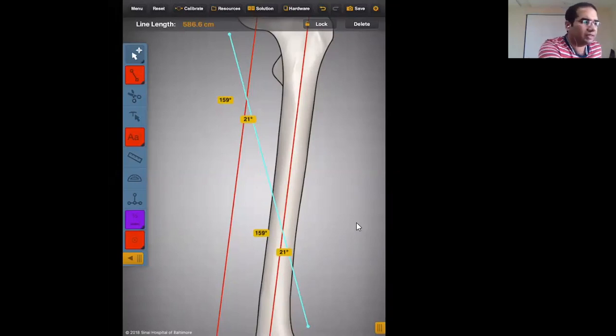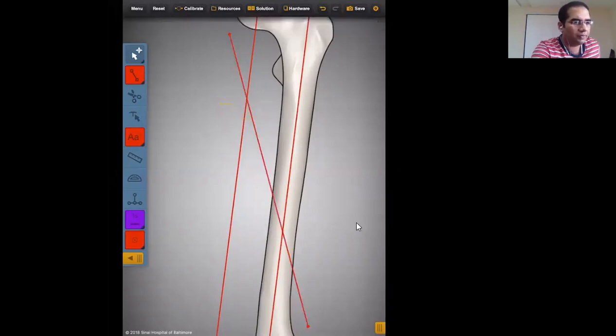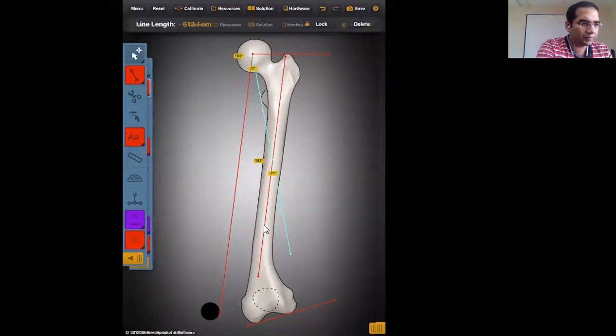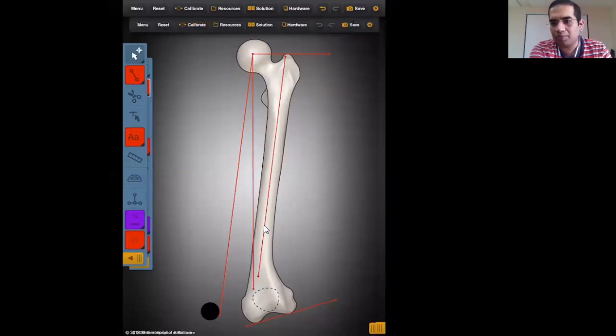Keeping this in mind, we all know that the mechanical axis is at 7 degrees to the anatomical axis. So we draw a 7 degrees line from the head of the femur. This gives us our normal mechanical axis of the proximal femur.